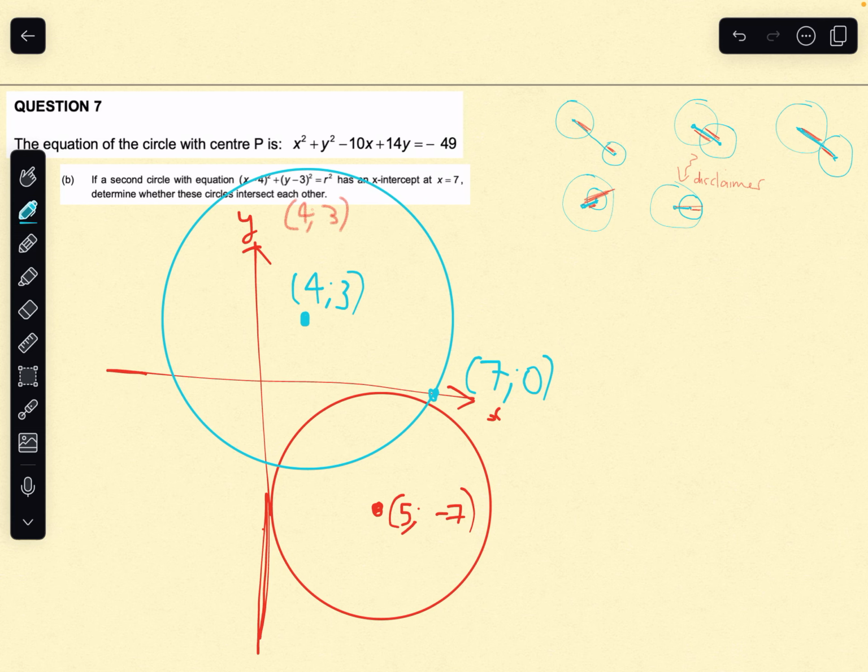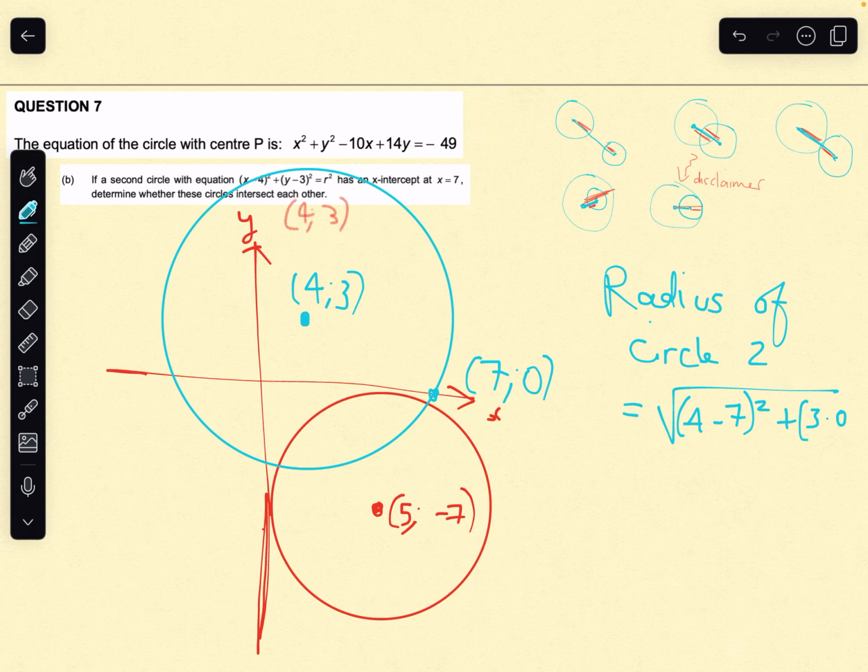Okay, so the radius of circle 2 will be, we'll use our distance formula here, (4 minus 7) squared plus (3 minus 0) squared.